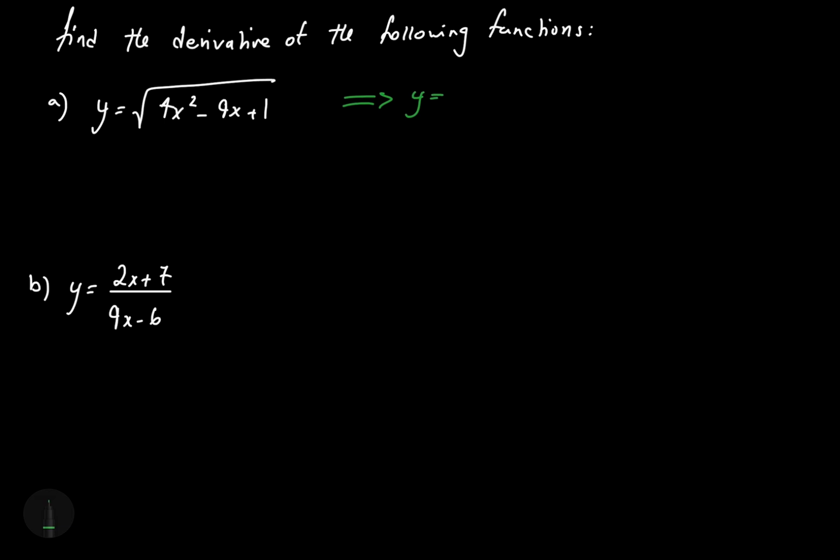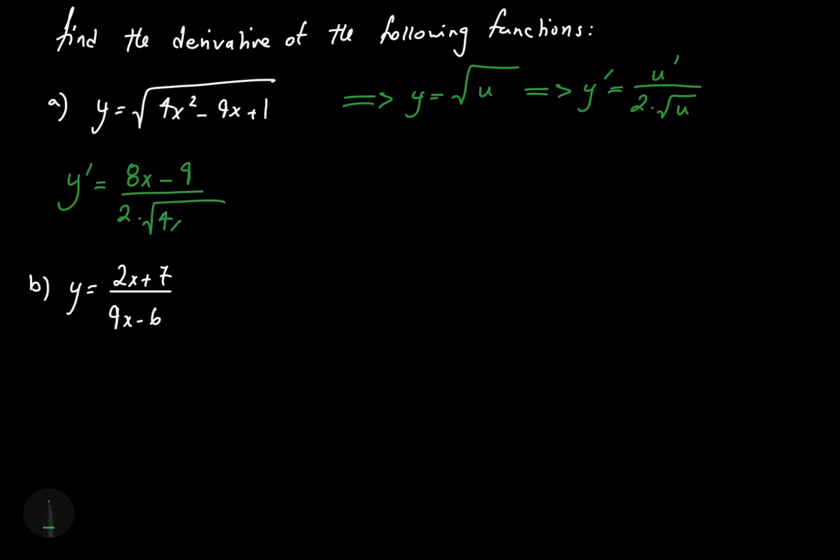So y equals the square root of u. You can take the derivative of such a function by simply taking the derivative of u, which is u prime, and then dividing it by 2 times radical u. So y prime in this scenario is going to be 8x minus 9 divided by 2 times the square root of 4x squared minus 9x plus 1. And that's about it. That's how you take the derivative of this function.